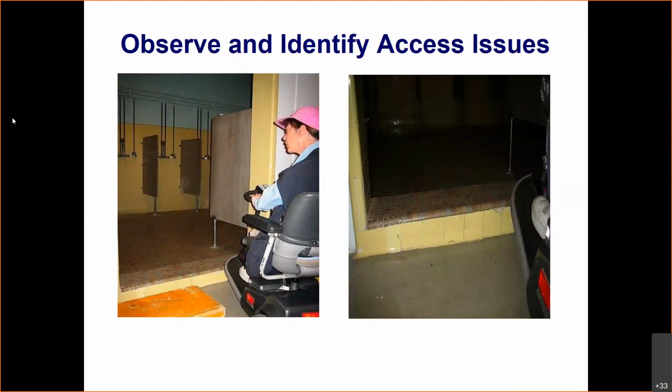So it's kind of hard to see in these pictures, but this is a picture of somebody in a shower. So these are shower facilities. So we see that ramp access is clearly a problem. There's not an accessible entry there.